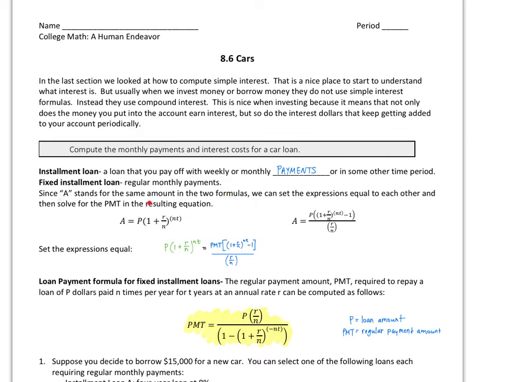Since A stands for the same amount in the two formulas that we've been dealing with, we can set the expressions equal to each other and then solve for the PMT, meaning the payment.